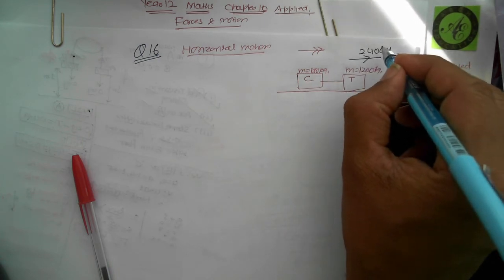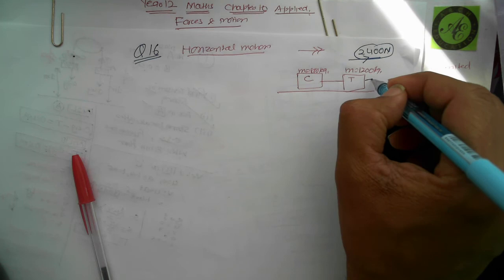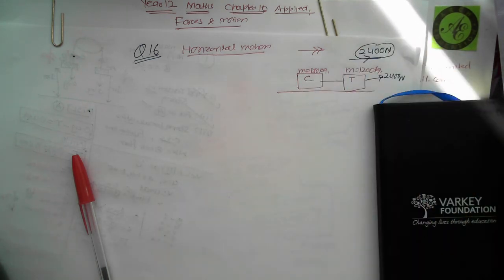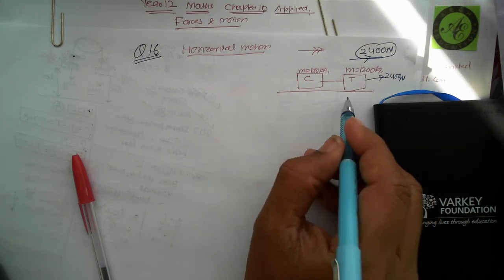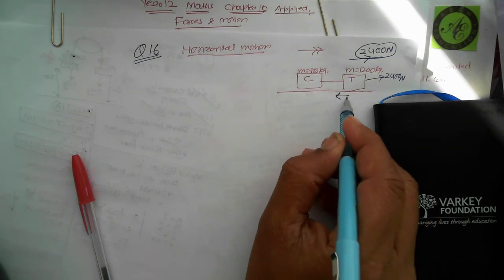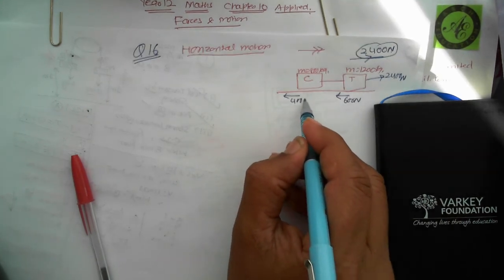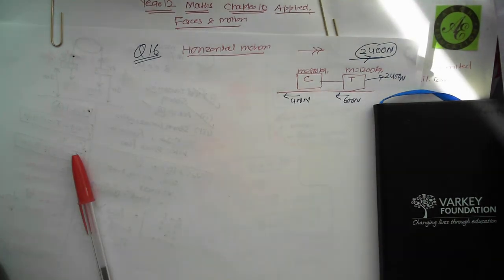Okay, and the resistances to the motion of the truck and the car are modeled as constant in magnitude, 600 and 400. So there's a resistance on the truck, 600 newtons, and on the car 400 newtons. Find the acceleration of the truck and the tension of the rope.